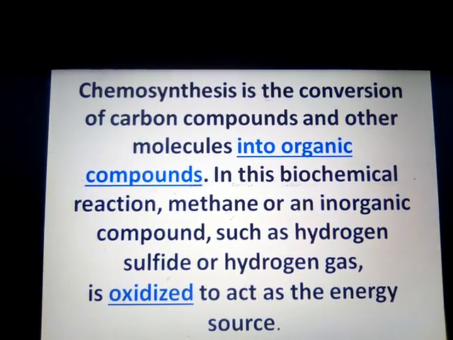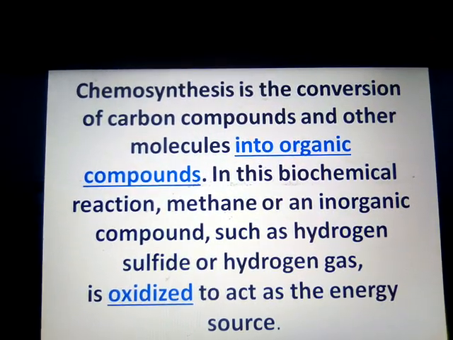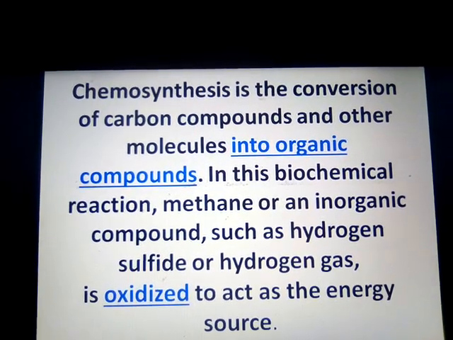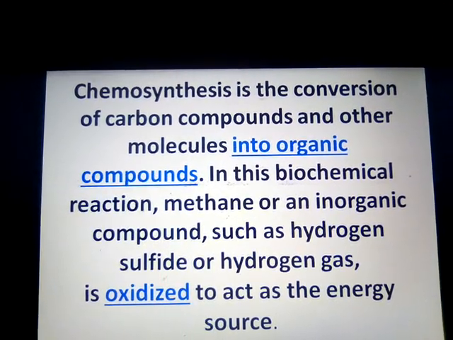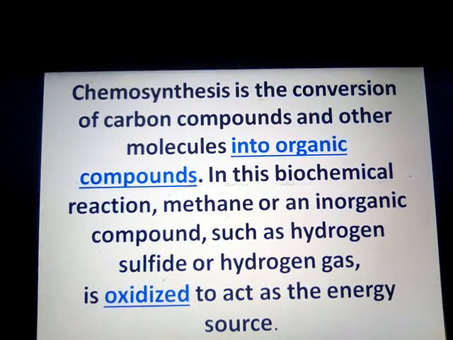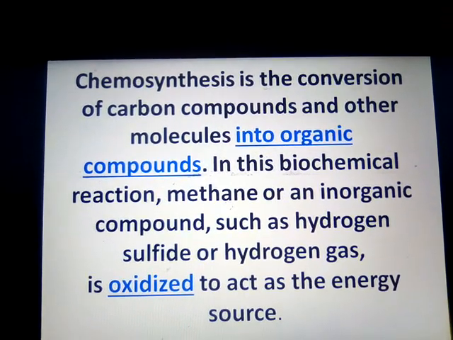In this biochemical reaction, methane or an inorganic compound such as hydrogen sulfide or hydrogen gas is oxidized to act as the energy source.